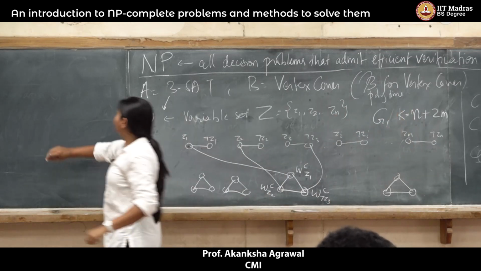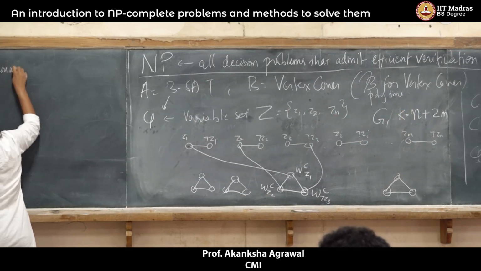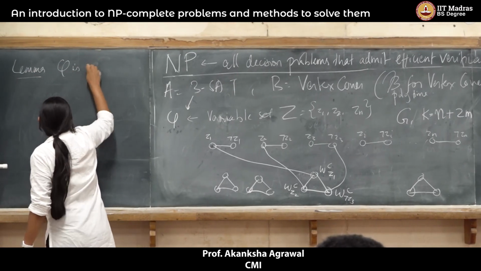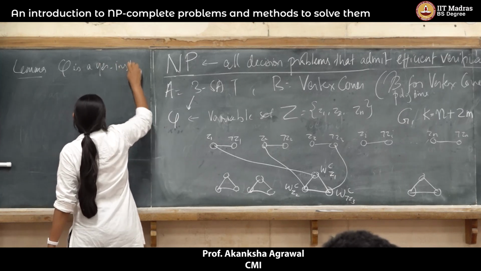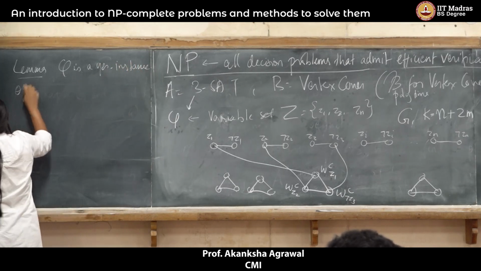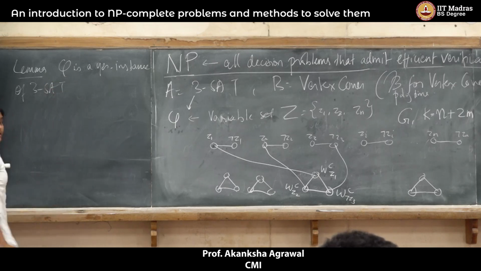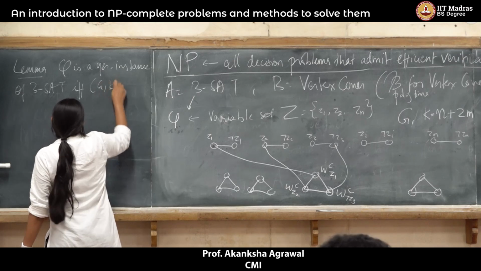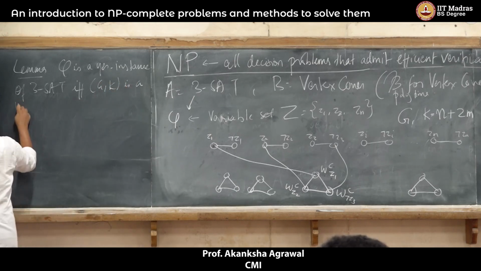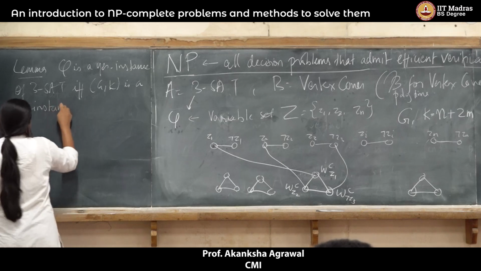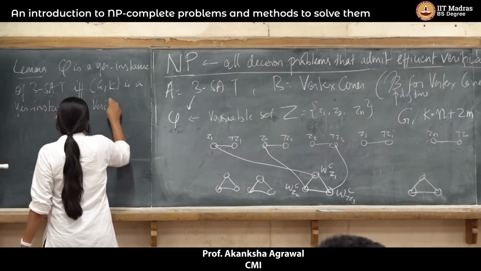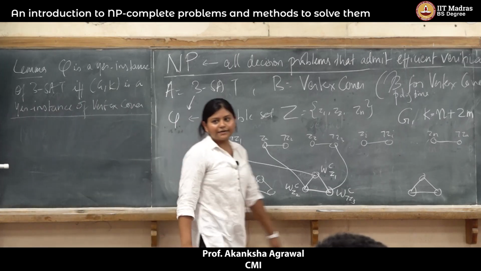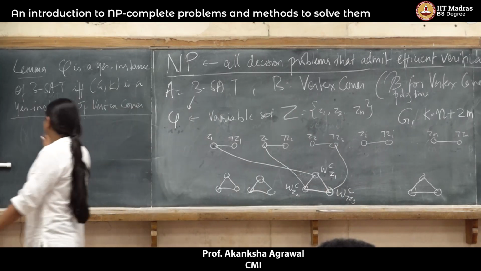So what we'll prove now is that phi is a yes instance of 3-SAT, which means that it admits a satisfying assignment, if and only if G comma K is a yes instance of vertex cover, which means that G has a vertex cover of size at most K. Okay, so let's look at the forward direction.